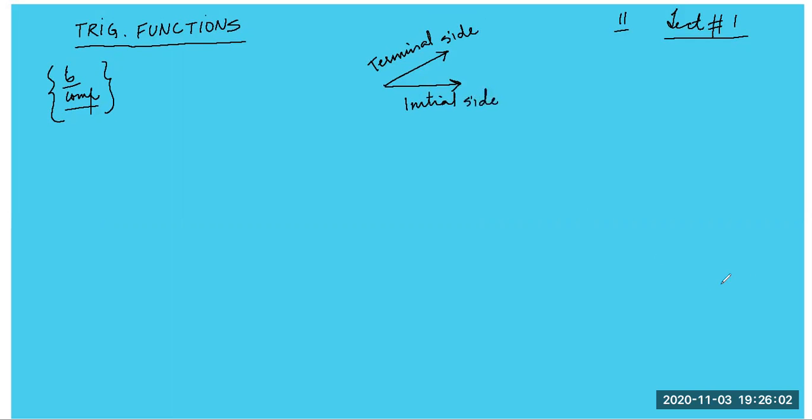So this is angle theta, right, students? Okay, now this common point of these two rays is known as vertex. So you can represent it by anything. We are representing by O.